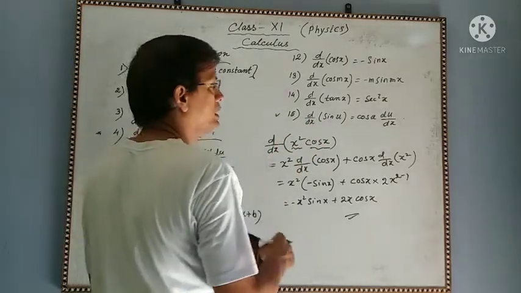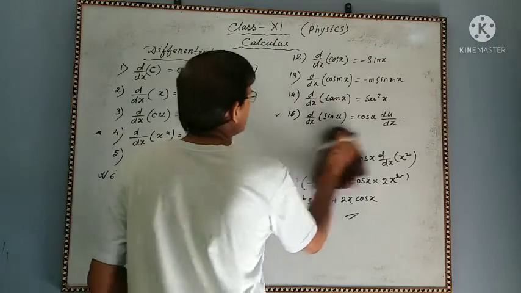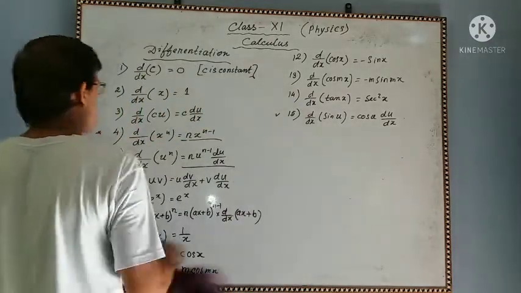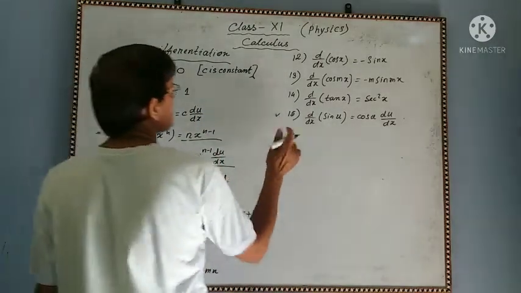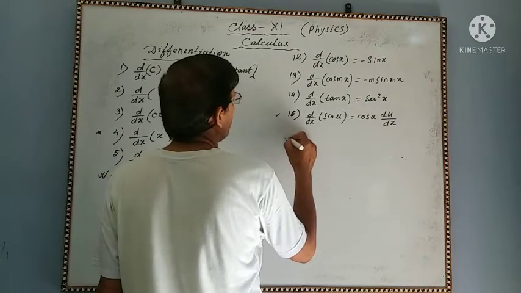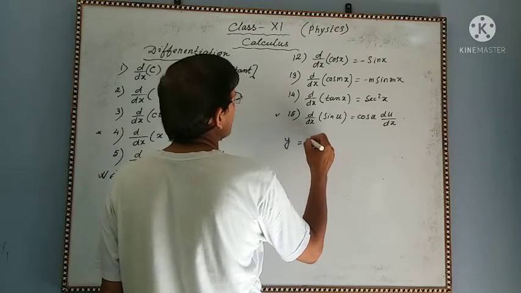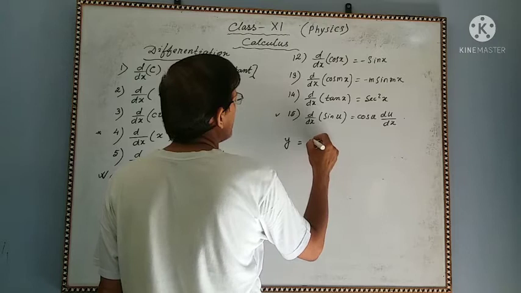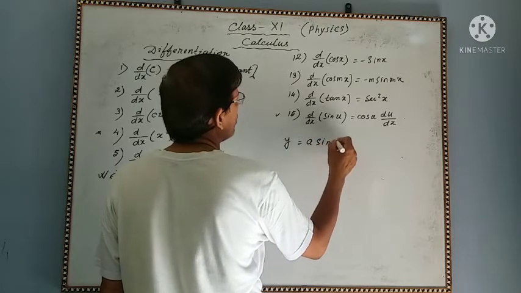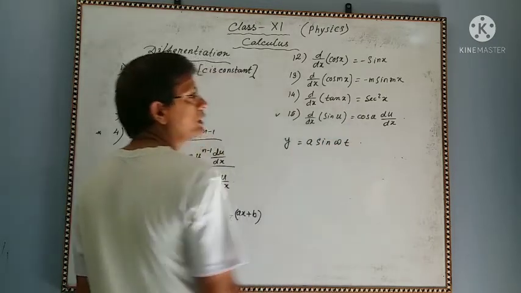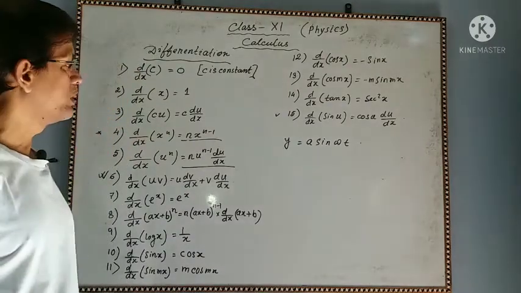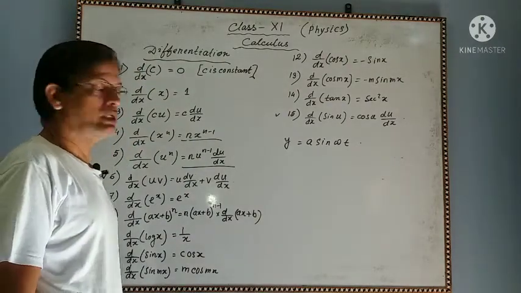You take this example. Suppose y equal to a sin omega t. You differentiate this with respect to t.